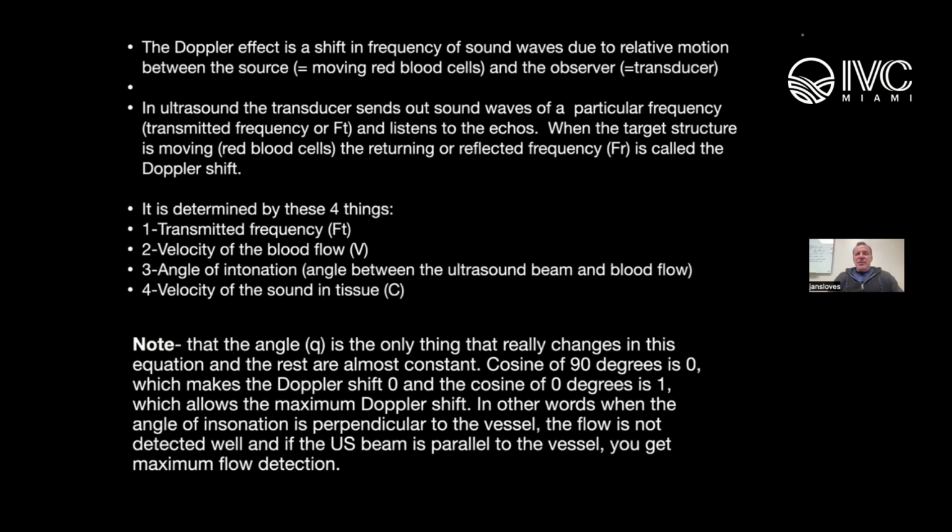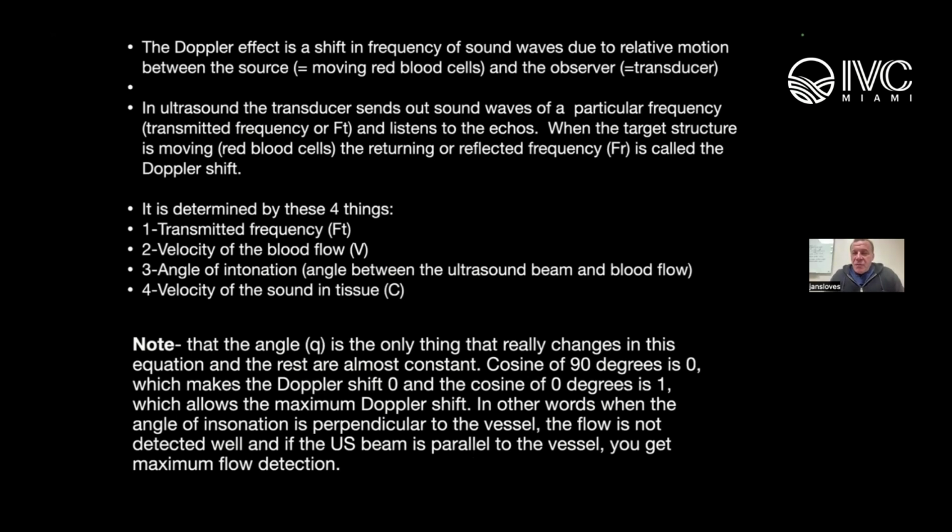Okay, so let's talk a little bit about the Doppler effect. What I tried to do here is make it the simplest to understand. The Doppler effect is a shift in frequency of sound waves due to the relative motion between the sound source and the observer.